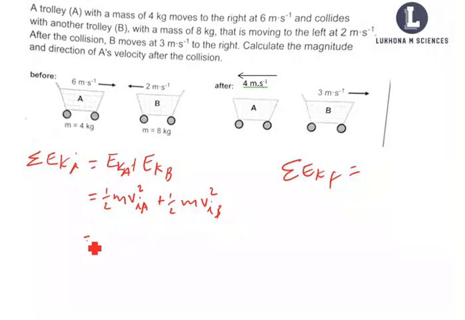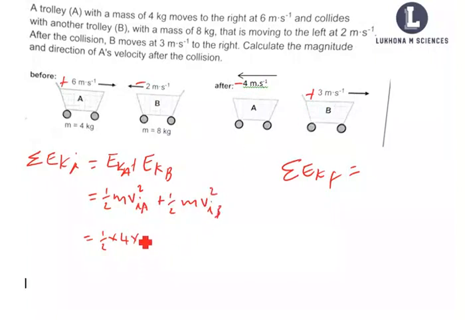Now let's substitute. We have the mass in kgs, so it's 1 over 2 times the mass, which is 4, times the speed. To the right is positive, to the left is negative.